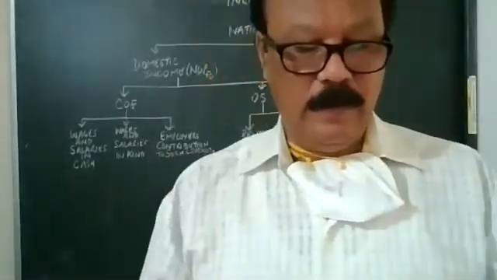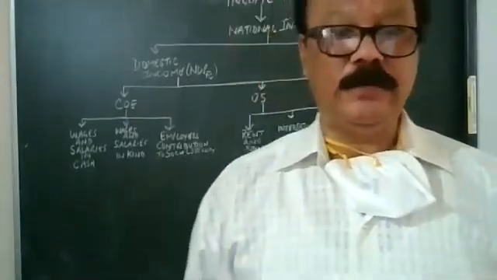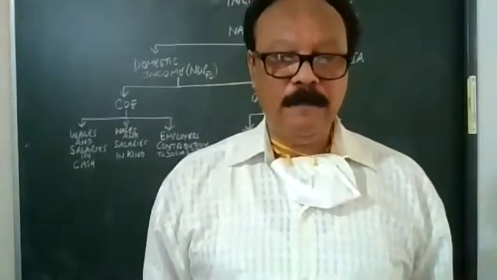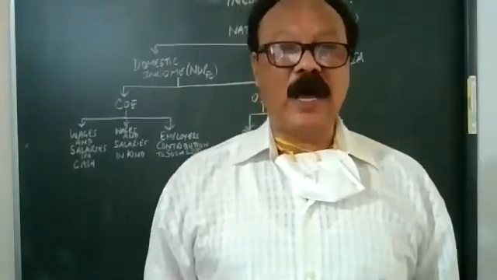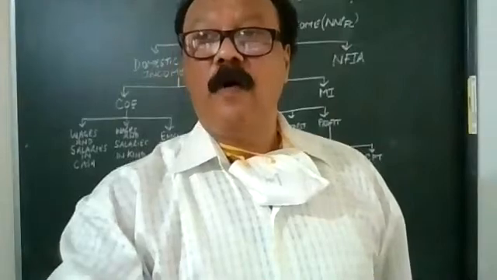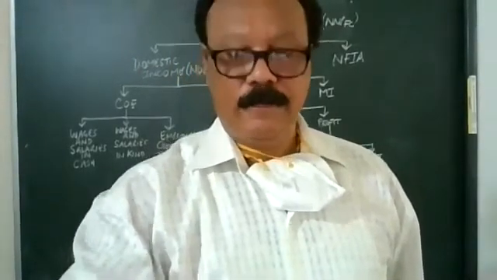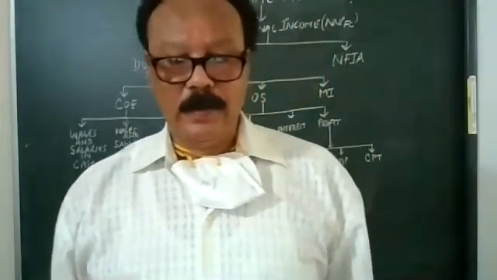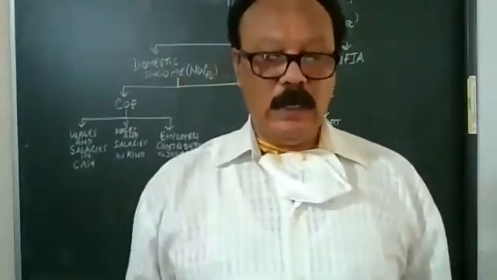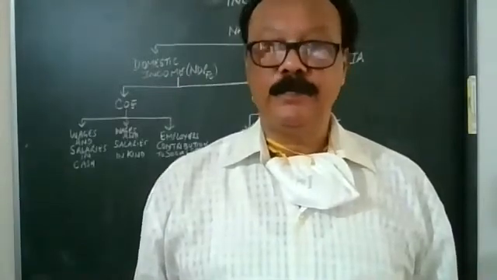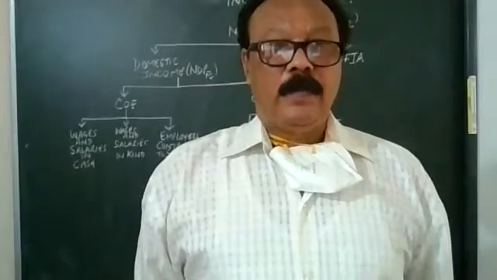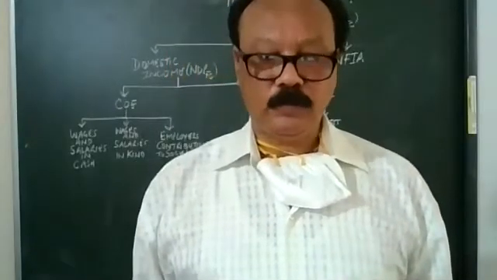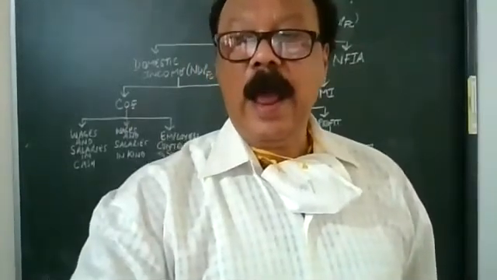Kindly write down: income method measures national income from the side of factor payments made to the factors of production in the form of rent, wages, interest, and profit.